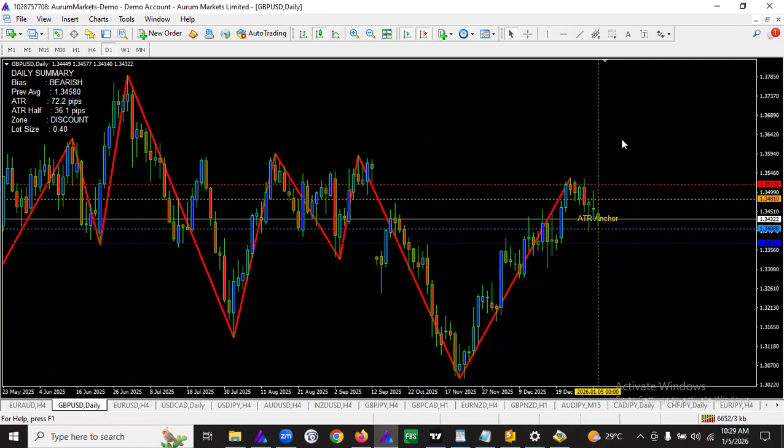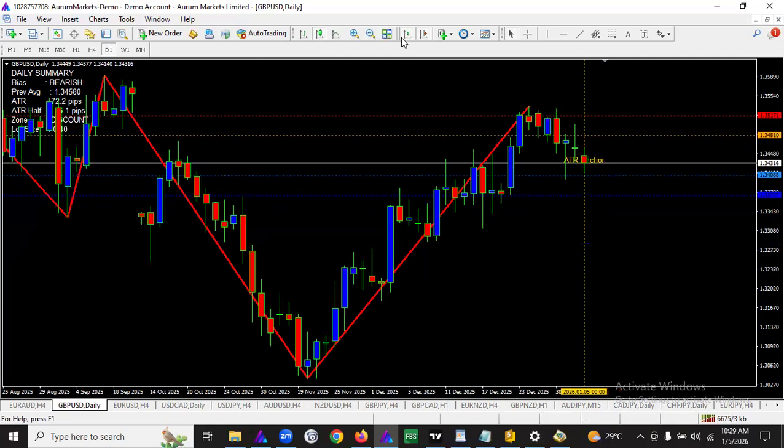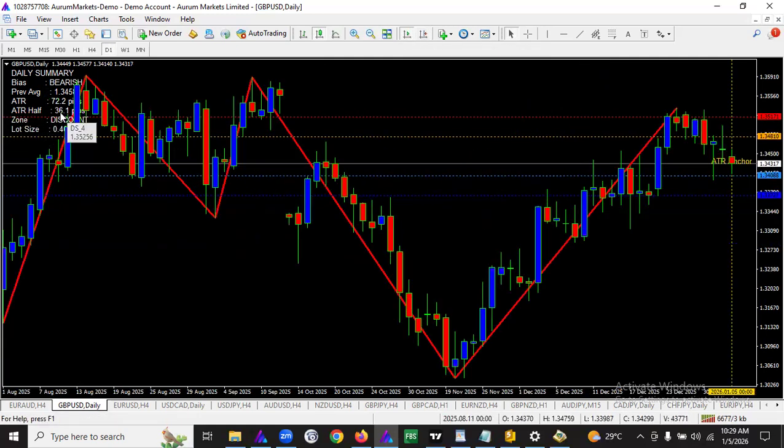Okay. So what do we have here: the daily bias is bearish. The range is between 36.1 pips and 72.2 pips. So before we sell, price should pull back up by 36.1.